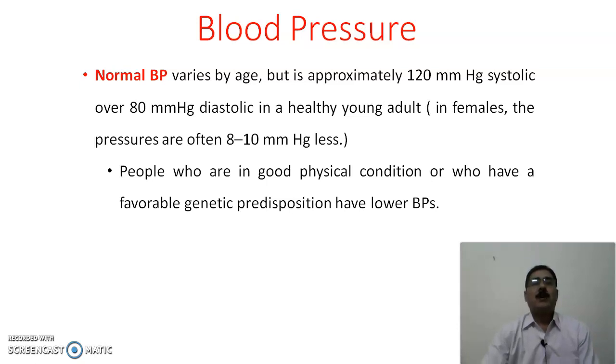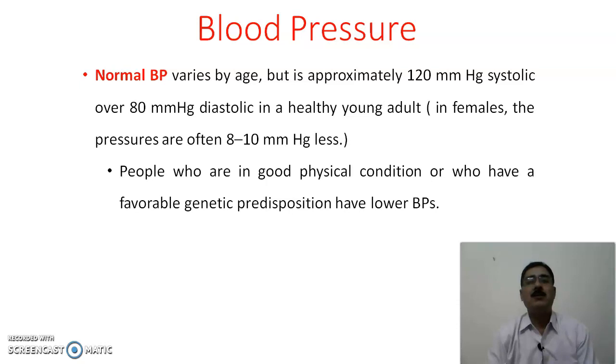Now, what is BP or what is blood pressure? Blood pressure is the pressure exerted by the flowing blood on the walls of the artery. The normal blood pressure varies by age, but it is approximately 120 mm mercury systolic over 80 mm mercury diastolic in a healthy young adult.